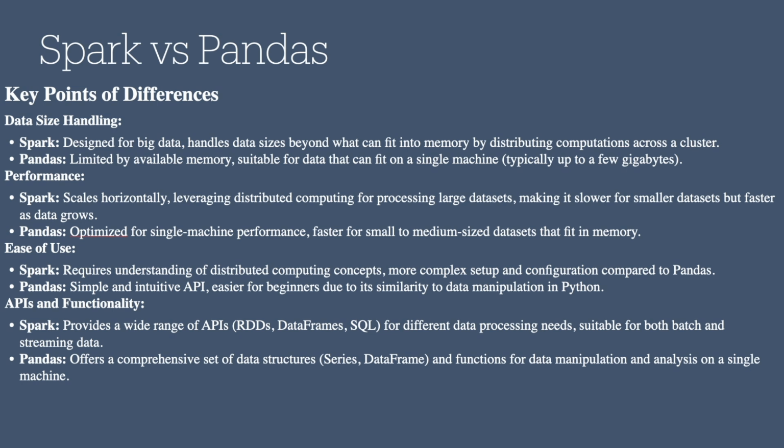If you try to run Pandas on a large dataset, it will be very slow, or sometimes it will crash due to an out-of-memory issue. Spark also has the capability for in-memory computation, but it uses a distributed computing approach that makes it different. It can perform operations on large datasets efficiently by distributing the workload across multiple nodes in a cluster. A cluster is nothing but a machine, a cloud machine.